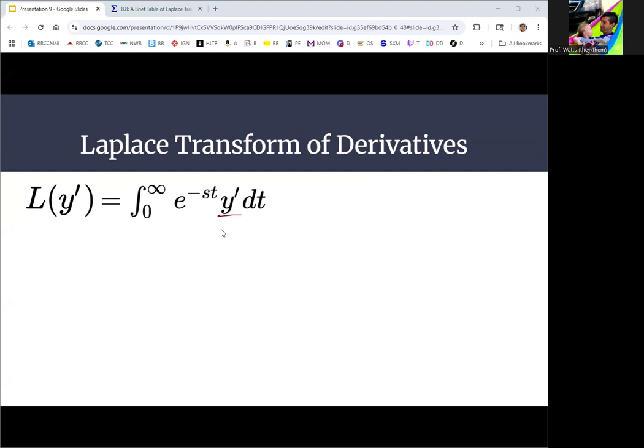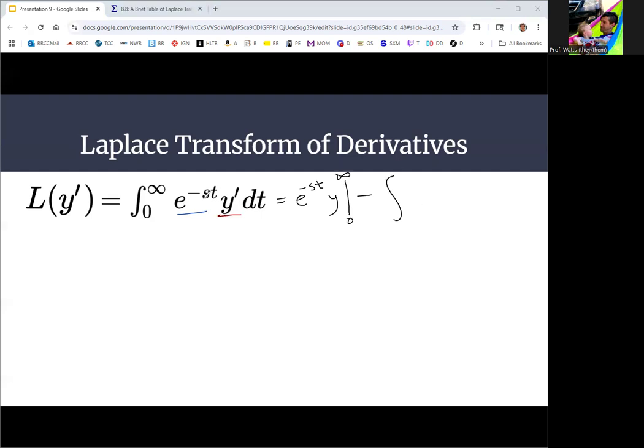And then we'll want to differentiate the exponential. So again, we don't actually take the derivative on that part the first time. And then the integral of y prime is just y. And then that's evaluated from 0 to infinity.